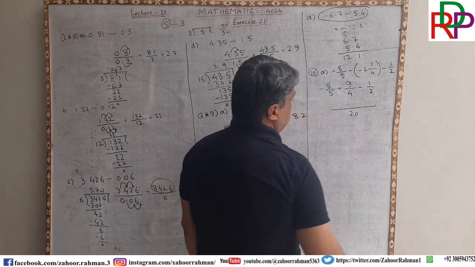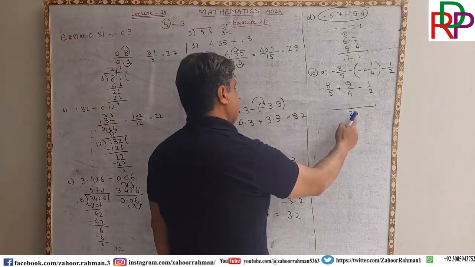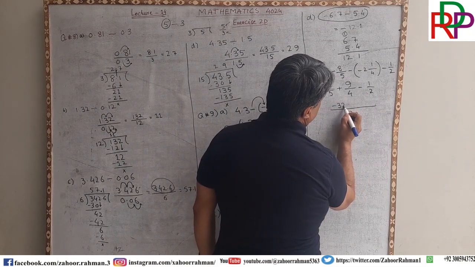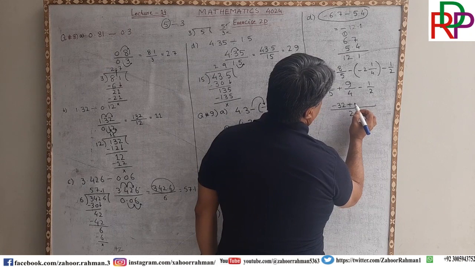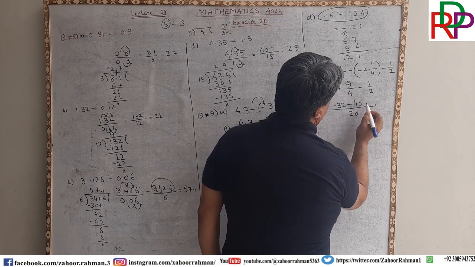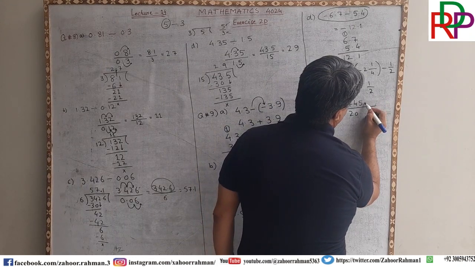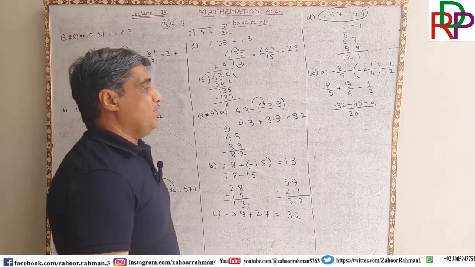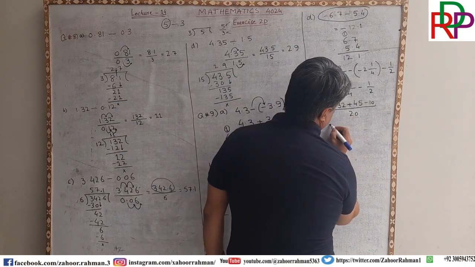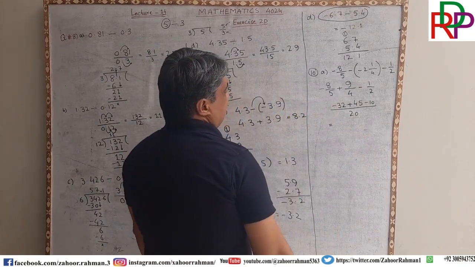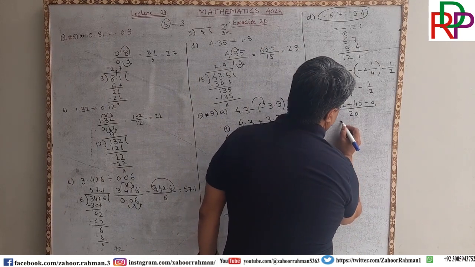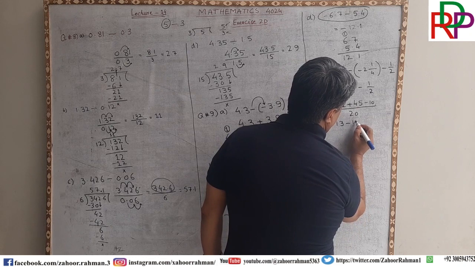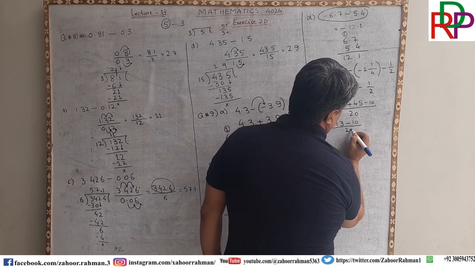20 will be the LCM when we divide this by 5, 4. So this will be minus 32 plus 45, and then minus 10. 32 minus 45, one step further. So it will be 13 with positive symbol, and minus 10 divided by 20.